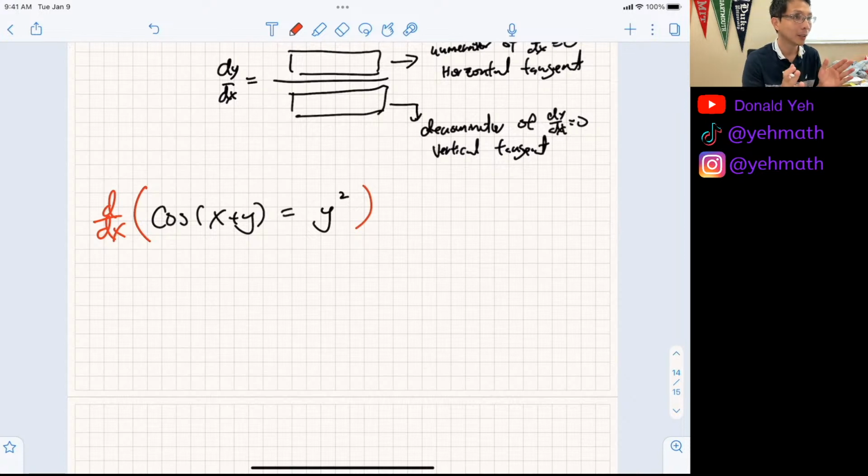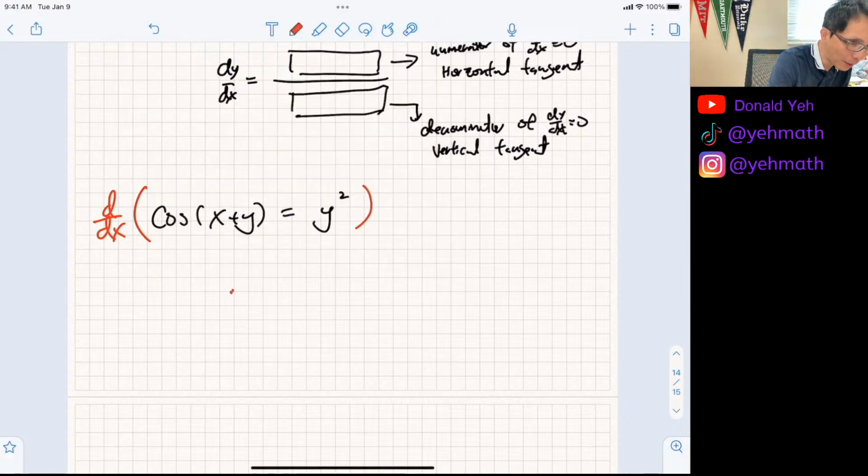The argument x plus y is not distributable. If you want to distribute that, you have to use another thing called the sum and difference formula for cosine, which is cosine, opposite sign, yes, something like that. So if I take a derivative of this, do not distribute it into cosine x plus cosine y before you take a derivative. That's really bad math. Do not ever do that.